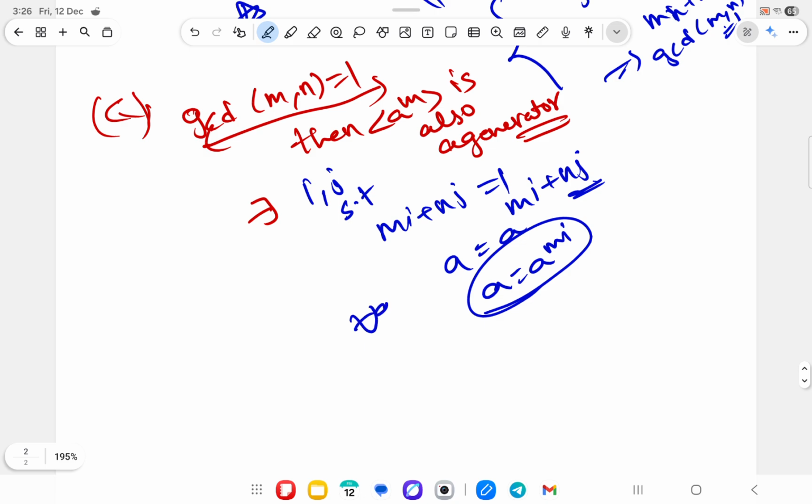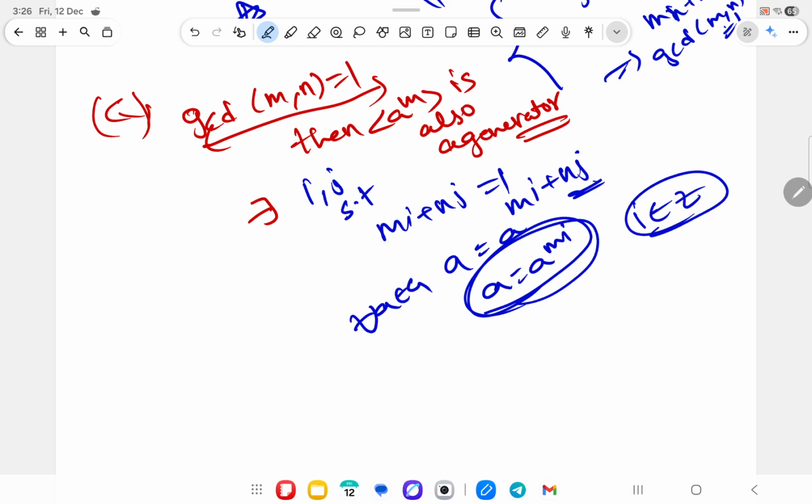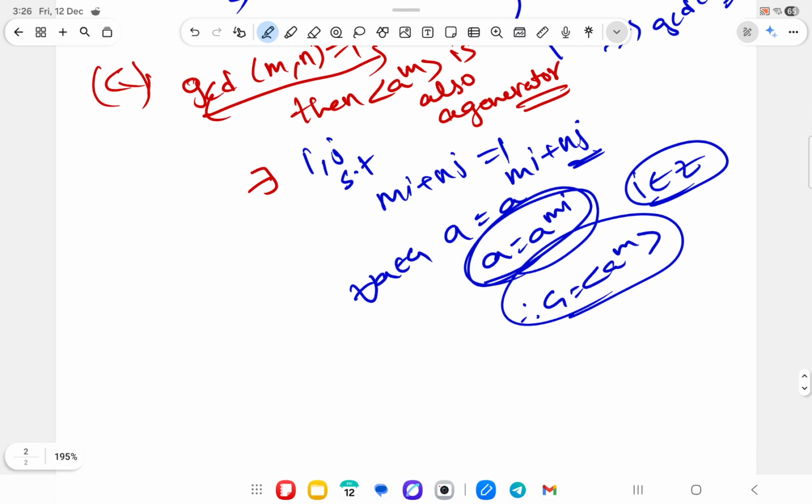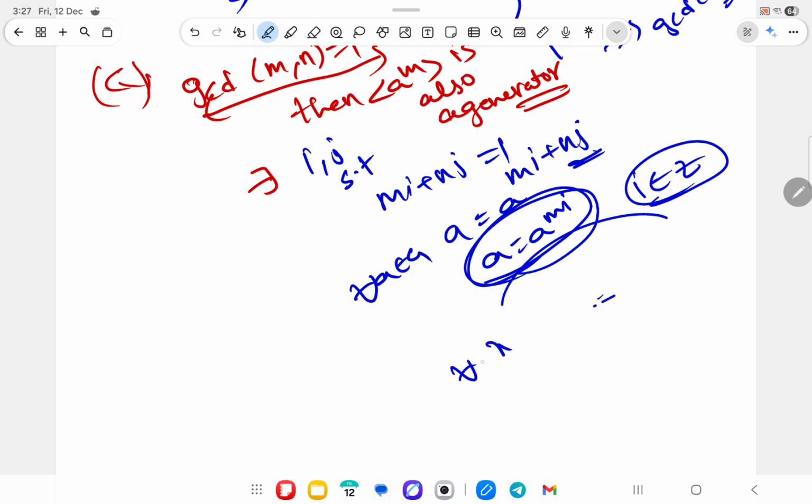For all a belongs to G, we can write it, right? Because i belongs to Z. Therefore, G is equal to the group generated by a power m. Sorry, a is a generator, right?